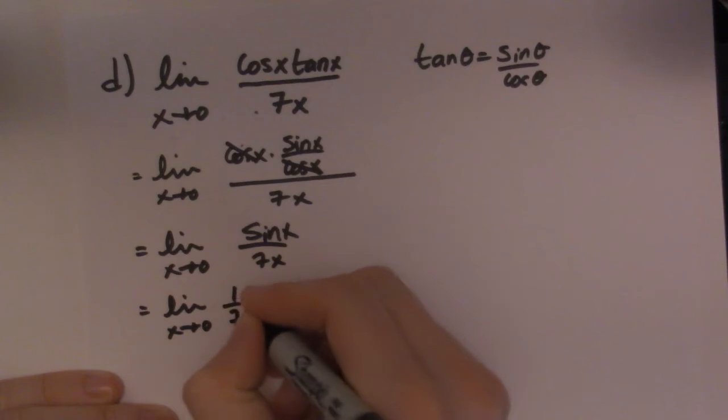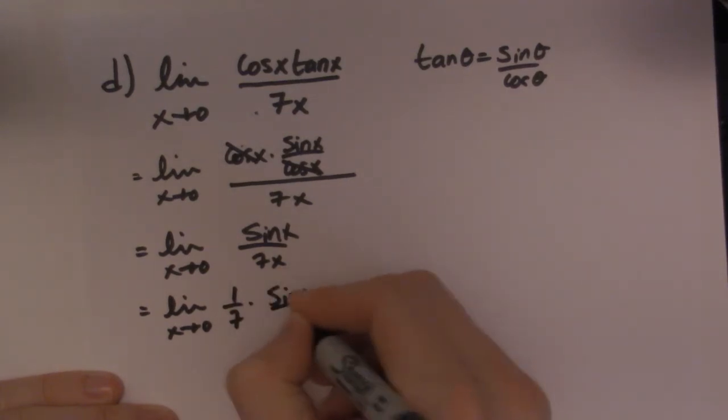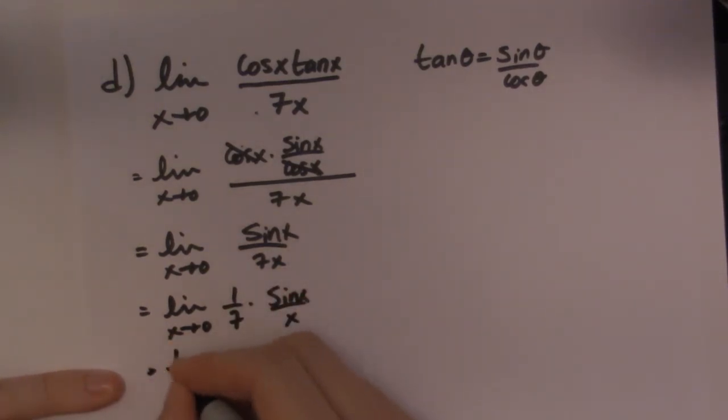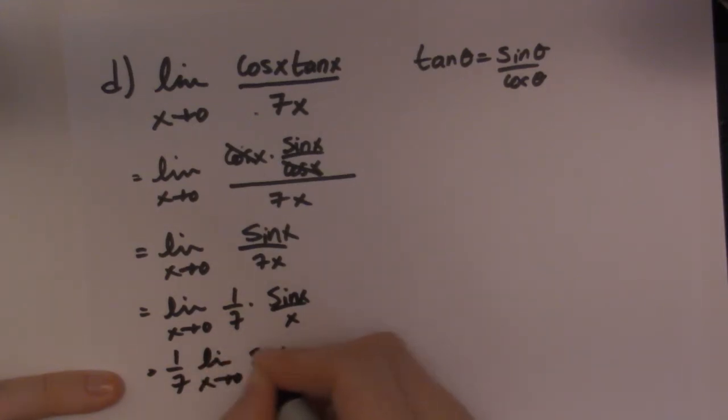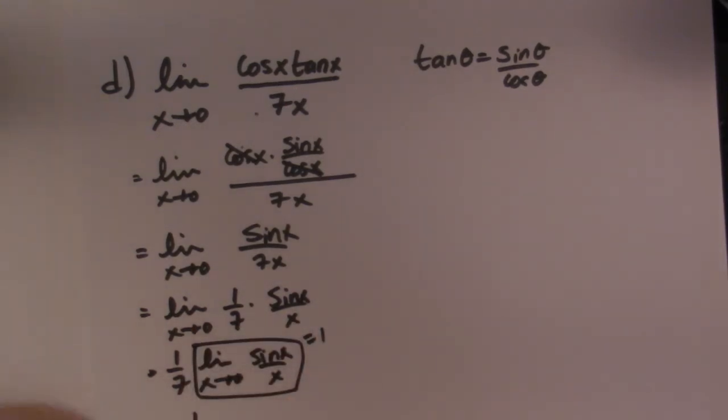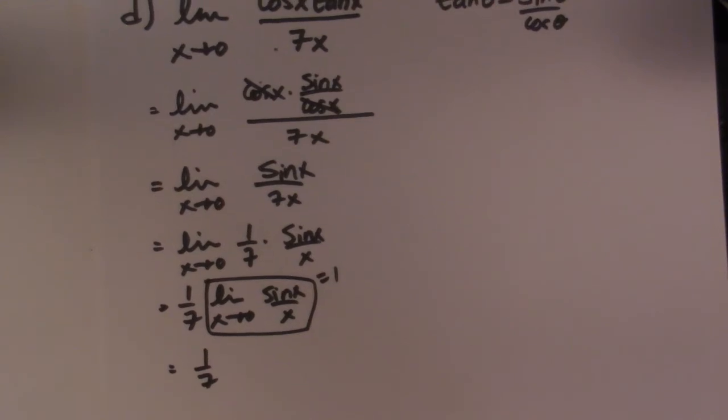So 1 over 7 times sine x over x. That 1 over 7 can come outside the limit, and then I have this guy, which is 1. So we're left with just 1 over 7.